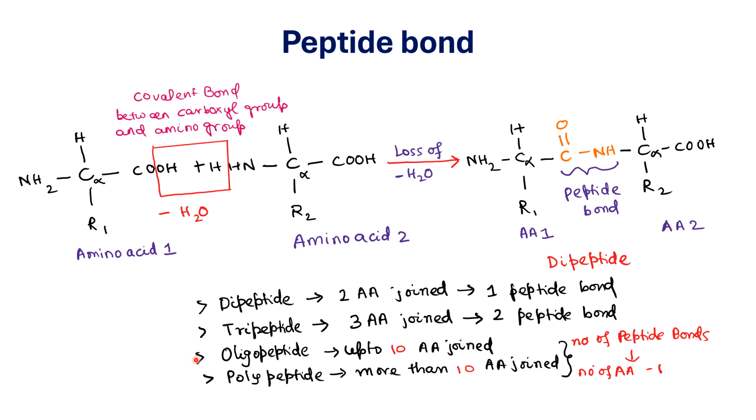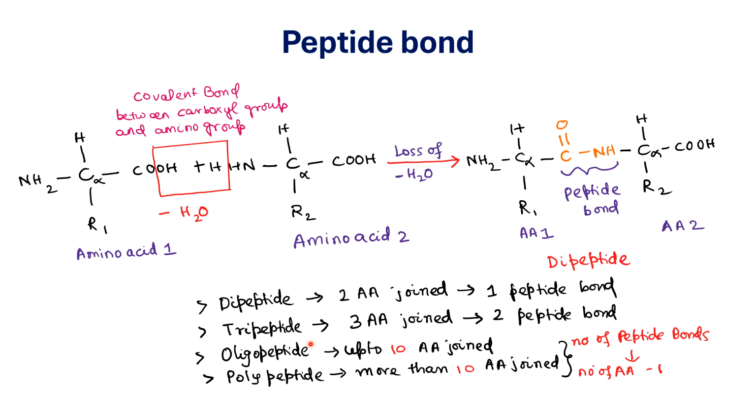The number of peptide bonds present in a polypeptide will always be the number of amino acids minus 1. So if you take the example of a tripeptide, which has 3 amino acids, how many peptide bonds will be present? There will be n minus 1, or 3 minus 1, so 2 peptide bonds in a tripeptide.